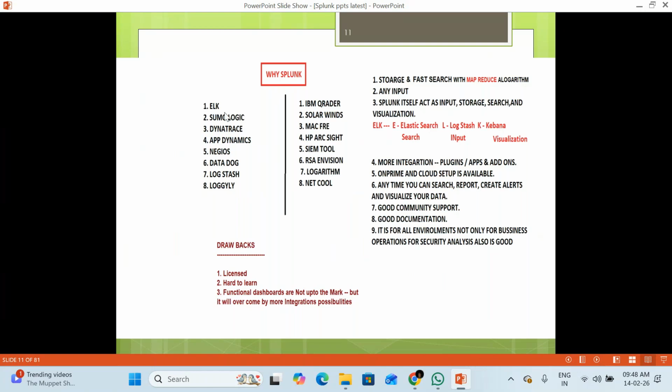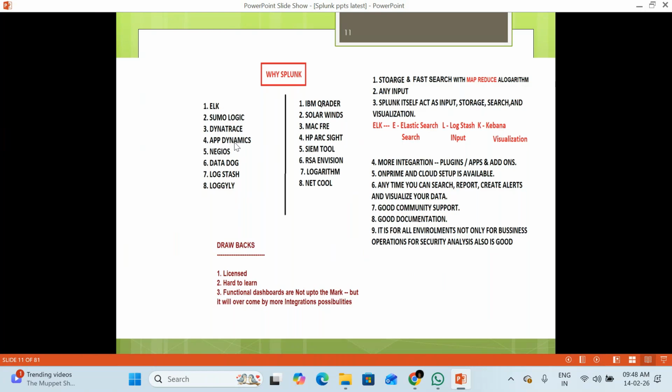But some of these tools are exclusively for log monitoring and observability, while others are for security analysis. For example, AppDynamics has only the APM module. APM means application performance monitoring.